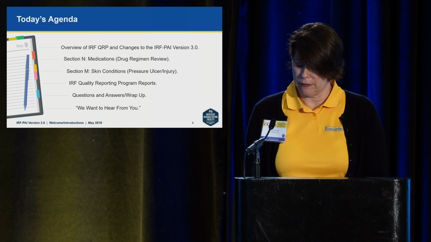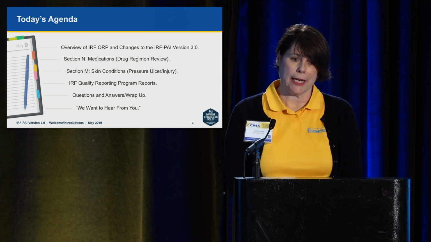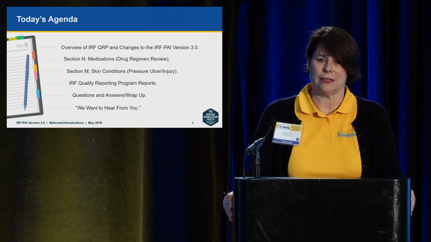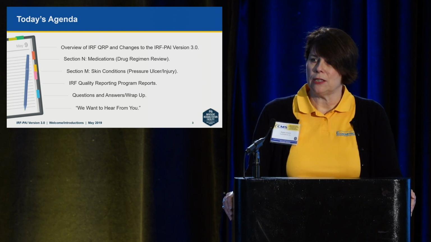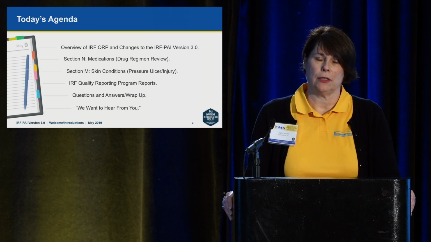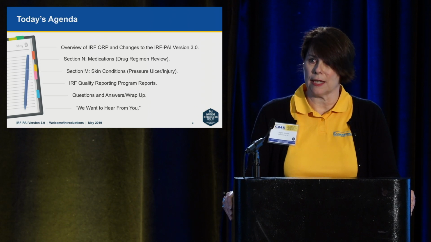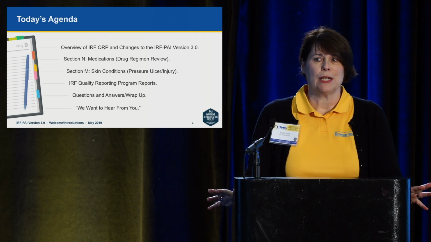In terms of materials, there are a couple things. Online, all of the materials were posted last week. Hopefully you've had a chance to download the presentations or print them out if that's your preference. All of the materials for today's presentations can be found on the IRF QRP training website in the download section, so you scroll all the way to the bottom, and you'll see there are a number of parts.